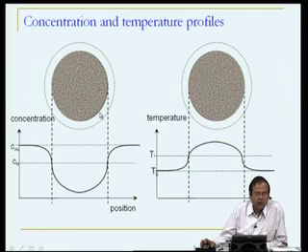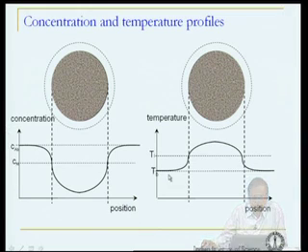So, this figure over here illustrates what happens as a function of position to both the concentration and the temperature. Let us focus on concentration. What we said just now, this is my catalyst pellet which is porous. So, material has to diffuse inside. This is my bulk and this is my boundary layer in which the entire resistance to mass transfer is located.